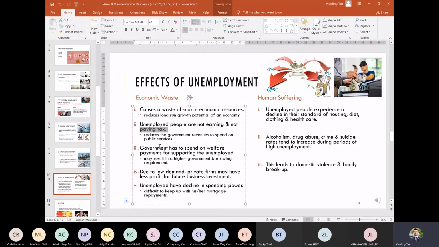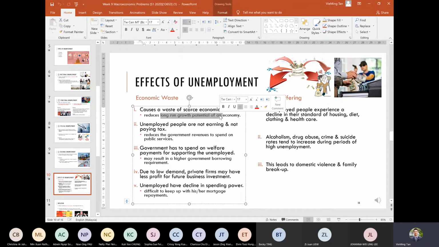On the other hand, the government also has to spend more money to support the poor or the unemployed in terms of transfer payments or financial aid. So this is going to disturb the long run growth potential for a country or a nation.